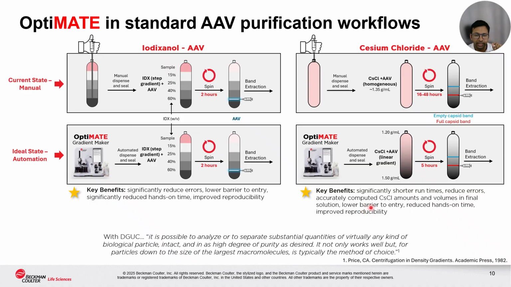The other aspect is when you're adding powdered cesium chloride to a solution, the final volume is not always predictable. This allows you to avoid that because you can use everything in solution format. And again, some of the other factors, lower barrier to entry, reduced hands-on time, improved reproducibility is all that is offered by the automation of the OptiMATE Gradient Maker.